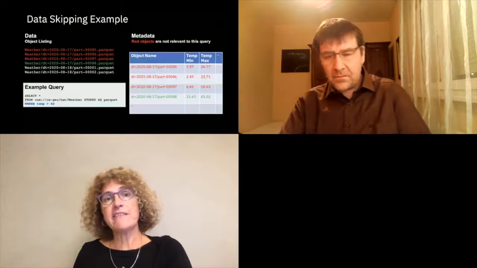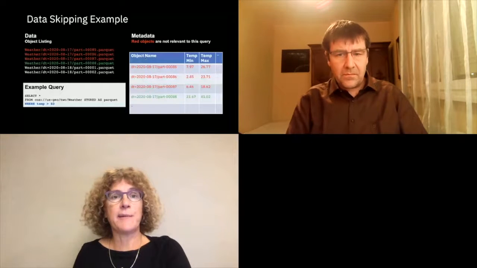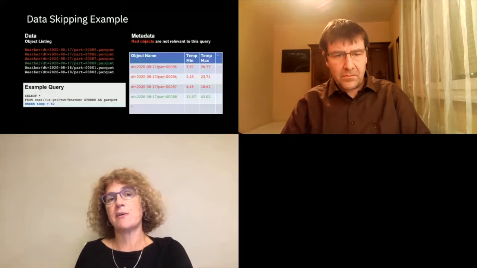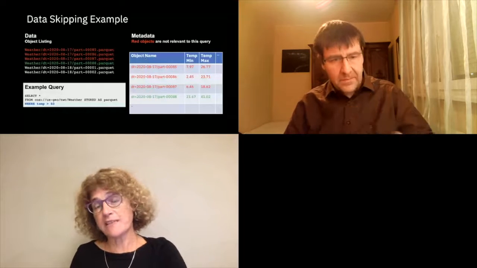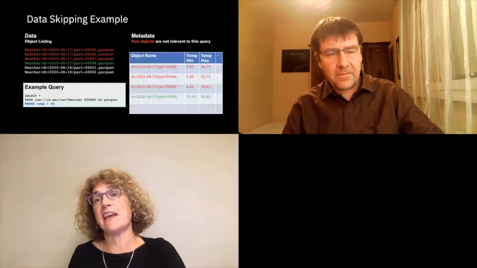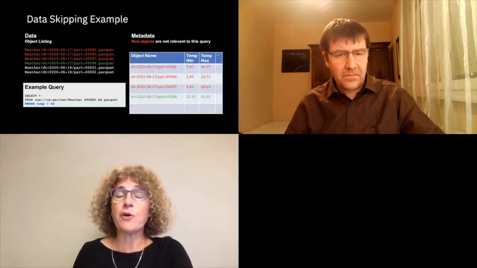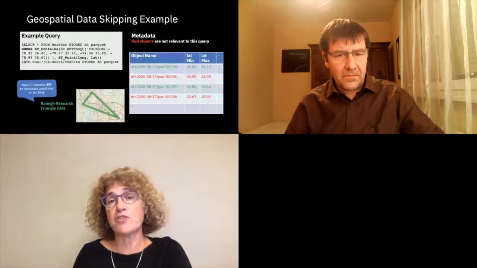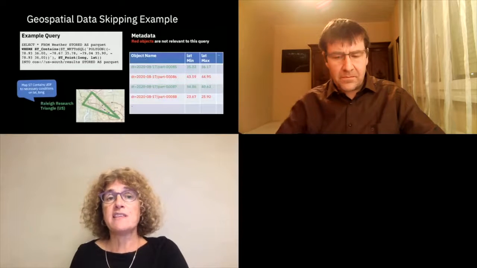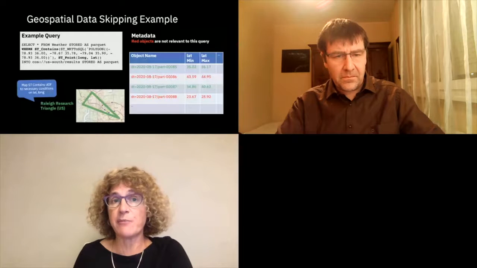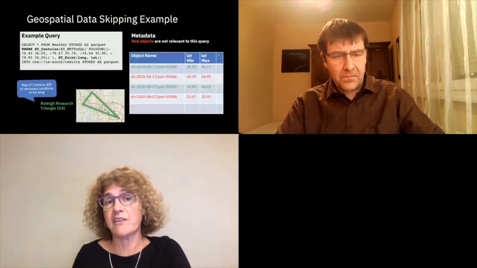Okay, so here is an example of a query looking for weather data in the Raleigh Research Triangle. Without optimizations, this query would need to scan the entire data set, even though all relevant data is in a small geospatial region. This is because Spark doesn't know anything about IBM's geospatial library functions, so it can't skip any of the data.